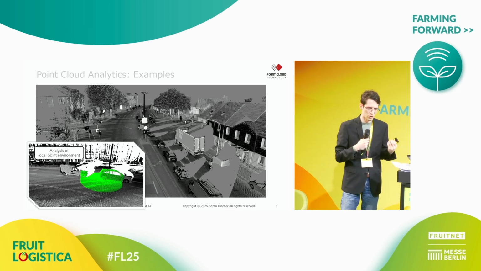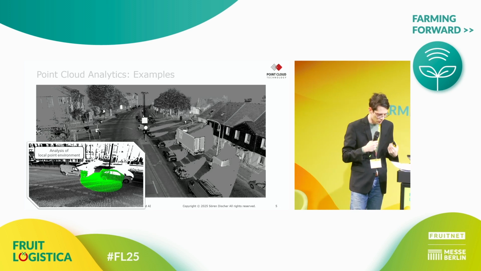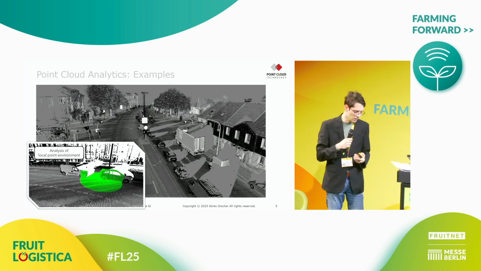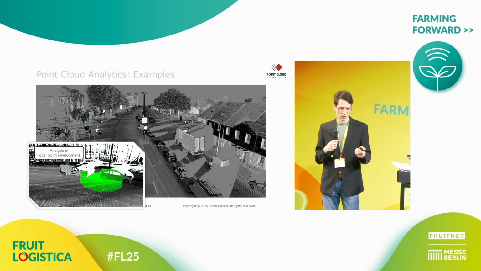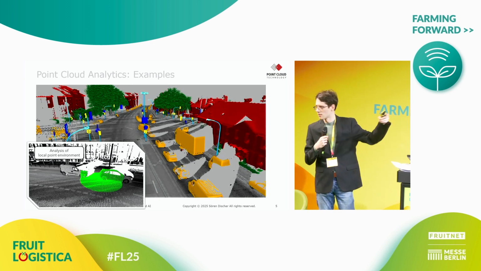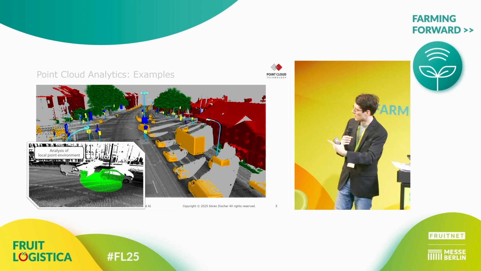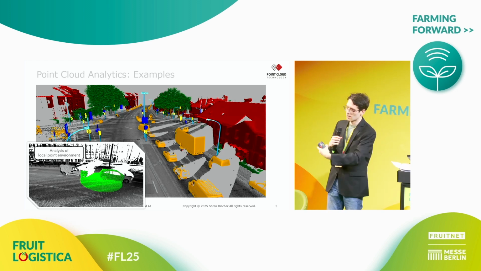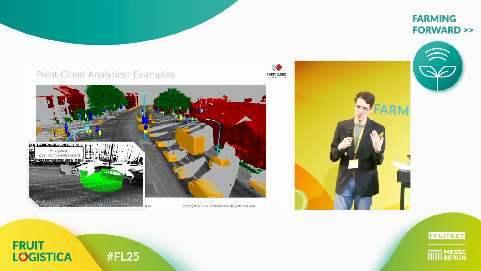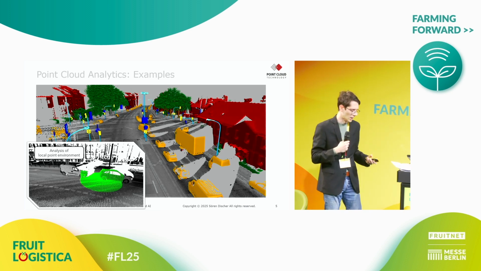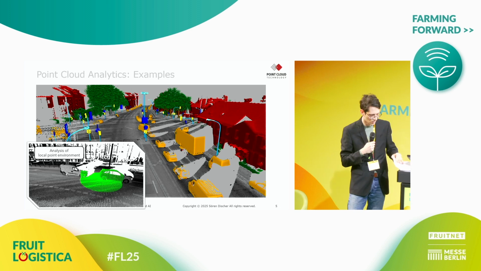And all these properties can then be used to calculate the most likely surface category of each point. In that example right here, every yellow point represents most likely some part of a car, every red point represents some part of a building, and all the green points represent vegetation, and so on and so on.